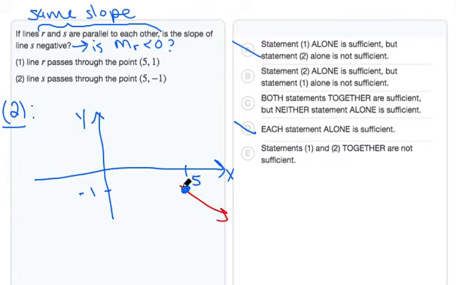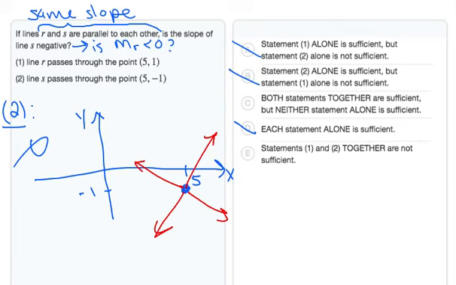We could have a line that passes through and has a negative slope, but we could also have one that gives us a positive slope, or an undefined slope as a vertical line, or 0 as a horizontal line. Since we have nothing else narrowing us down, we still don't know what the slope would be. So this statement alone is also not sufficient, meaning we can eliminate answer choice B.